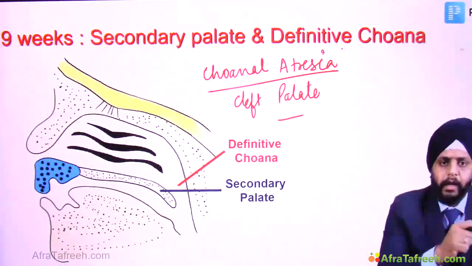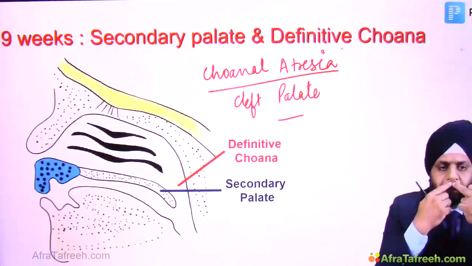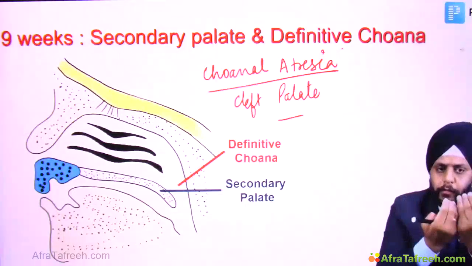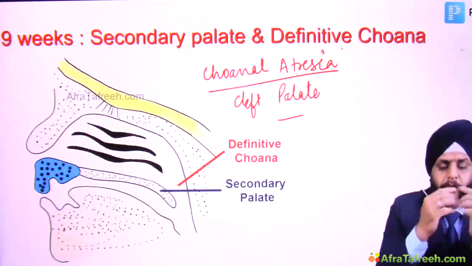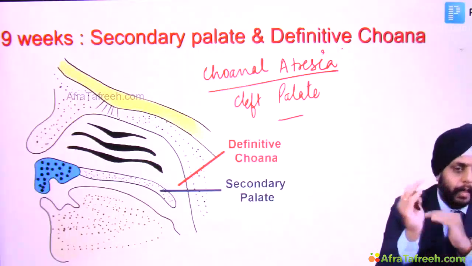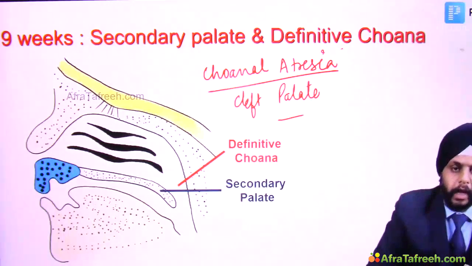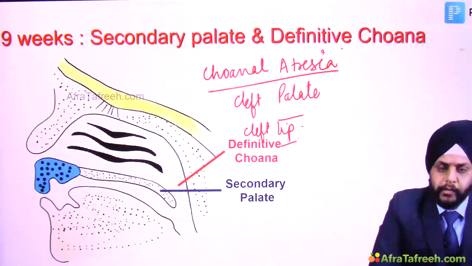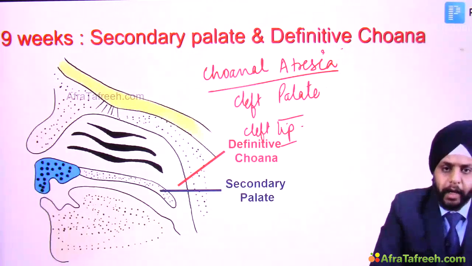Now, similarly, if the medial nasal processes do not fuse, or the intermaxillary process does not fuse with the maxillary process, we will have cleft lip. Okay, so these are the congenital diseases. We can have a cleft lip.